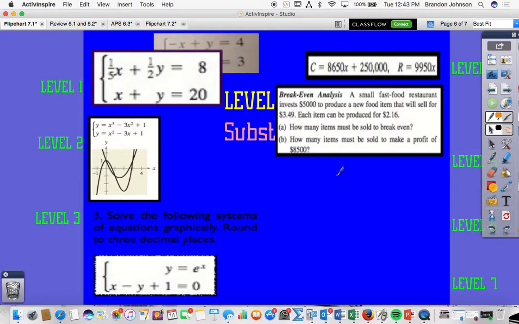One of the important things to remember is that anytime I attack a problem like this, I want to make sure that I know what the overall goal is. Because it's a break-even analysis, we're trying to see how many items of fast food we can sell in order to break even from what we initially invested.